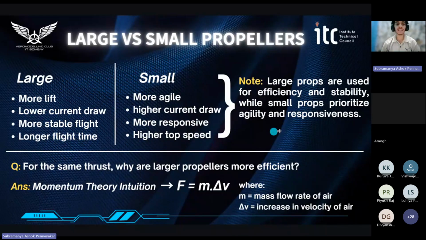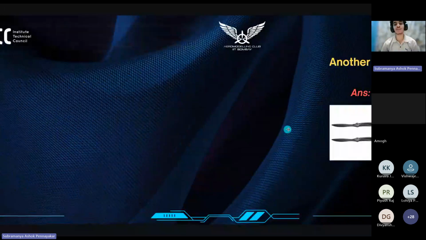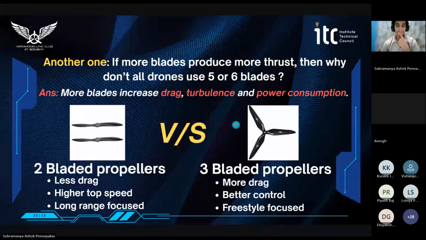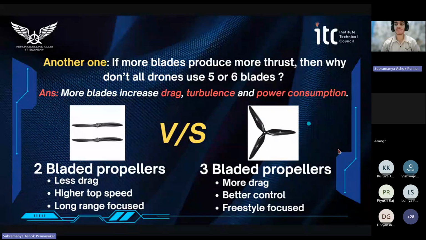And here's another question for you guys. If more blades produce more thrust, then why don't all drones use 5 or 6 blades? I'm actually waiting for your response, guys. So yes, drag is actually considered here.